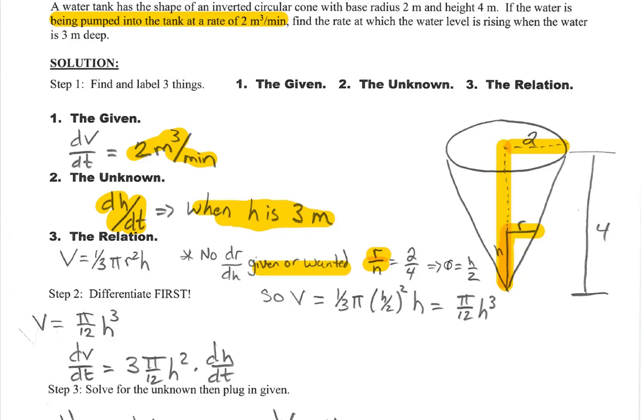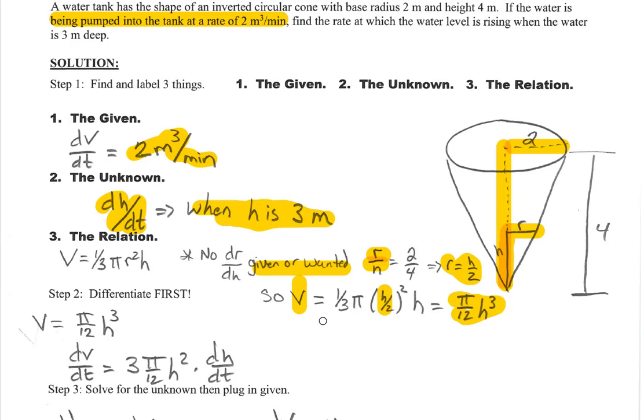And when I solve that for r, I get r is equal to h over 2. Then in the volume equation, v equals 1/3 pi r squared, r is now h over 2 squared times h, which simplifies to pi over 12 times h cubed.